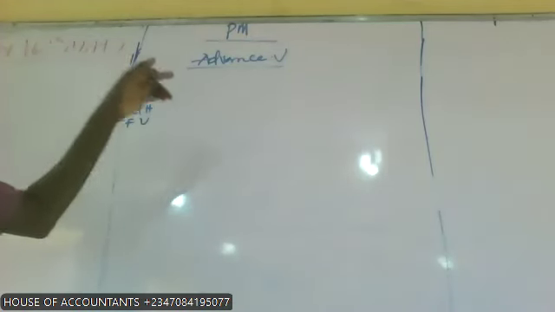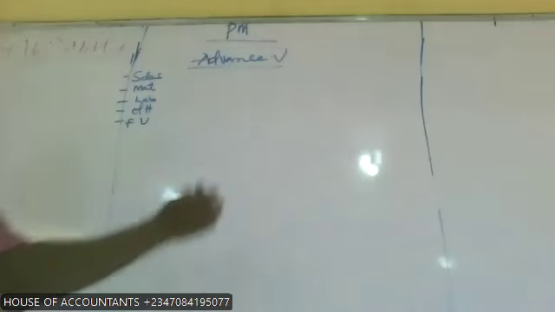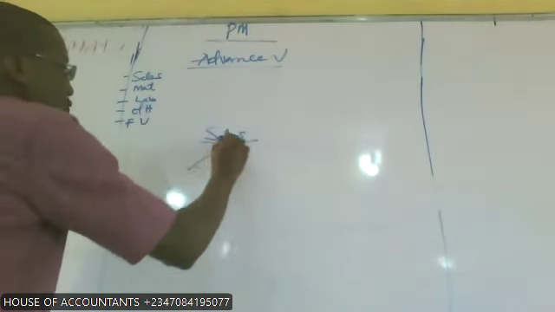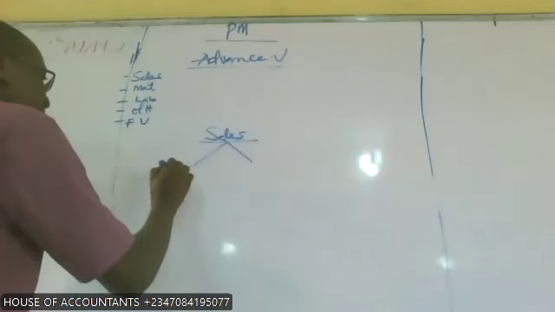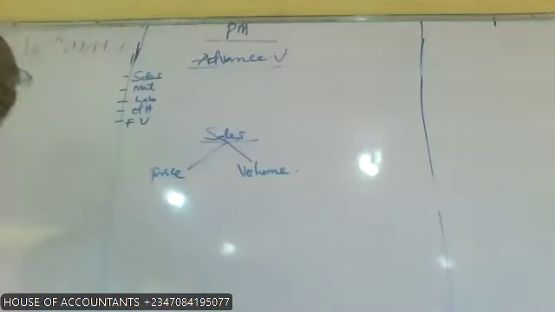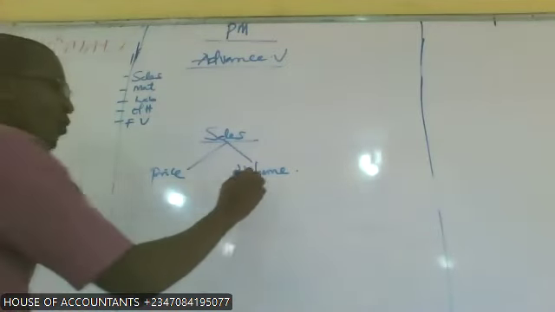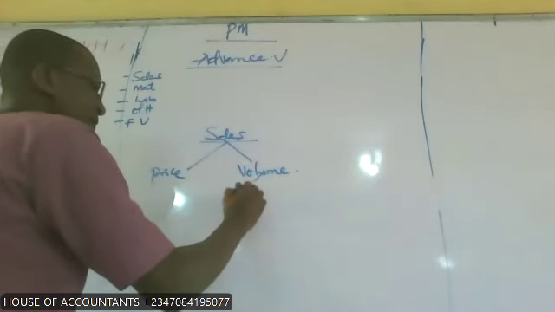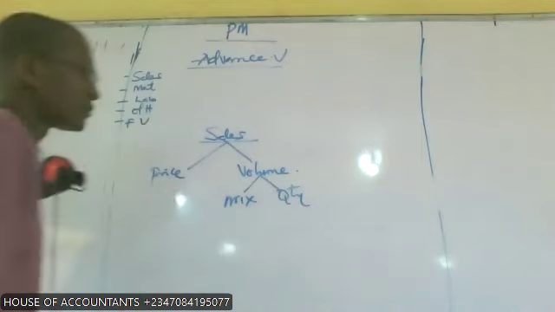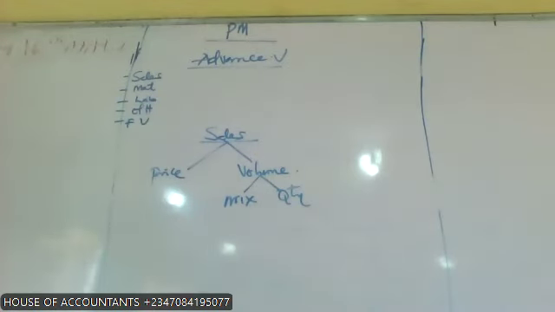But once they take you to advanced variance, that's where you're going to see sales will now be divided into price and volume. This volume will now be further divided into 2. We have mix and quantity. That is when it becomes advanced variance.